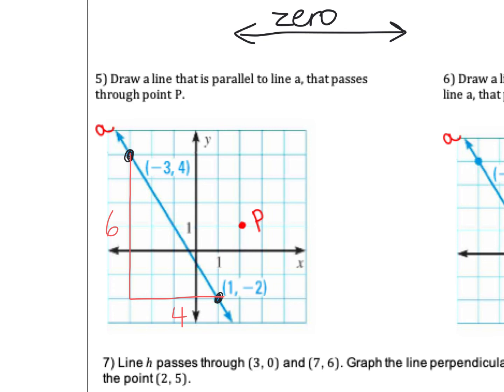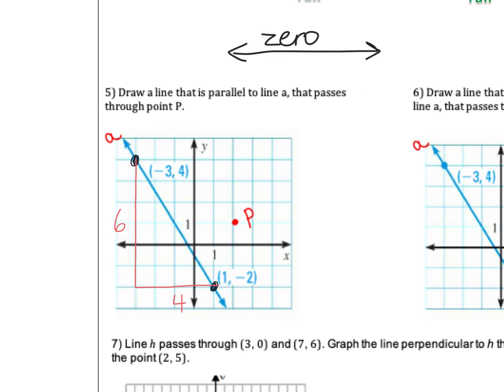Okay, but please be careful, because the slope is not positive 6/4. It is negative 6/4, and that simplifies a little bit farther to become negative 3/2. Okay, that's important.